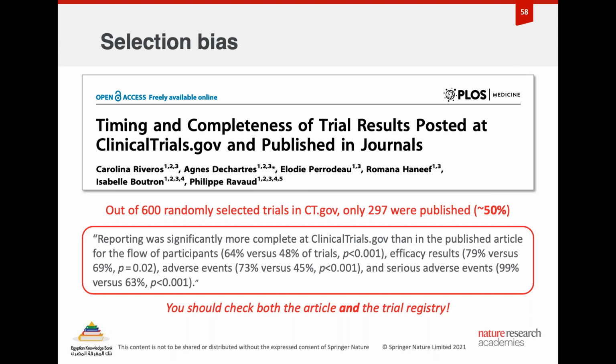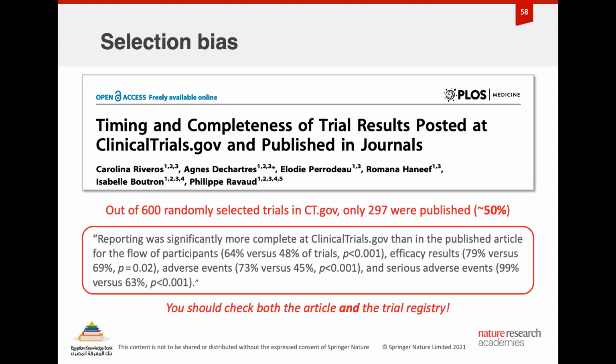So that means even for the ones that get published, the information being shared and disseminated can be quite different from the real evidence they obtained. Often what's being published has a more positive spin. They have a tendency to downplay adverse events, but of course, understanding the adverse events is essential in a systematic review or meta-analysis.